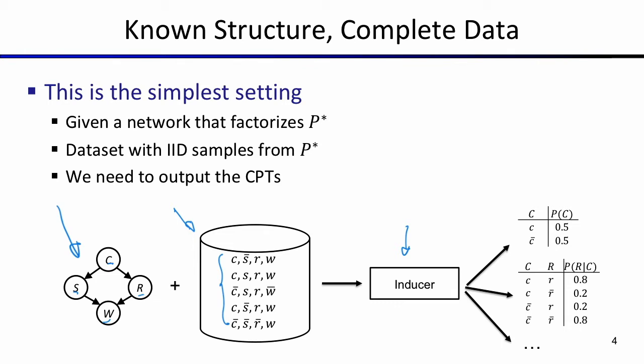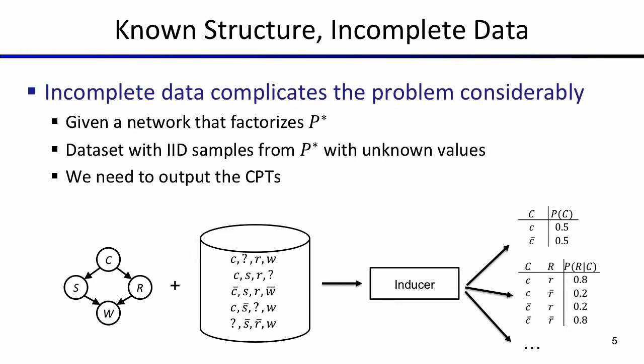In the case of known structure and complete data, it is just estimating the frequencies that are parameters for the model, and we come out with these conditional probability tables that are going to complete the structure in order to get the Bayesian network.